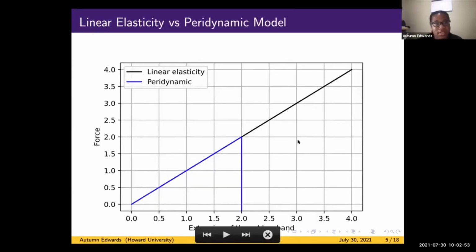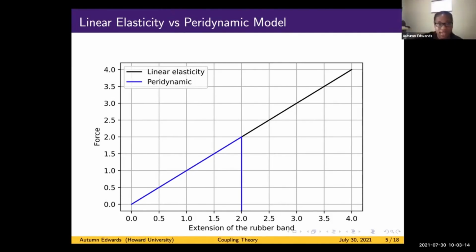All right, so here is a graph which just shows linear elasticity versus a peridynamic model. This summer we used this model where we were holding a rubber band on both ends, and a force was applied to the top where somebody pulled the rubber band.